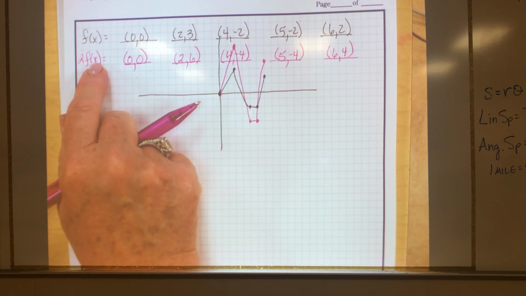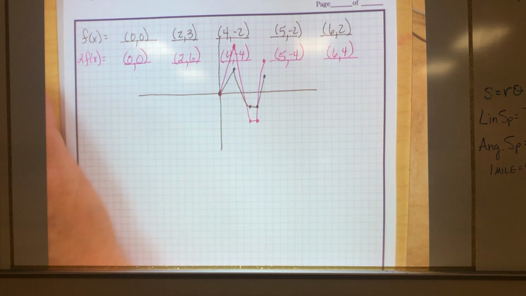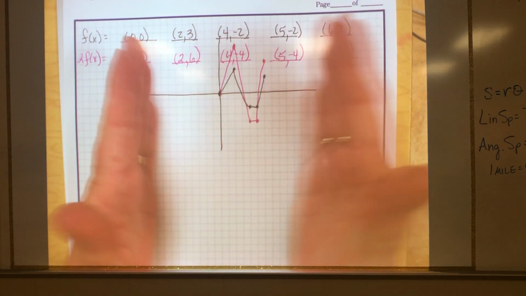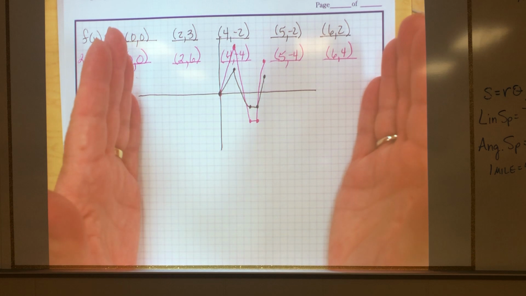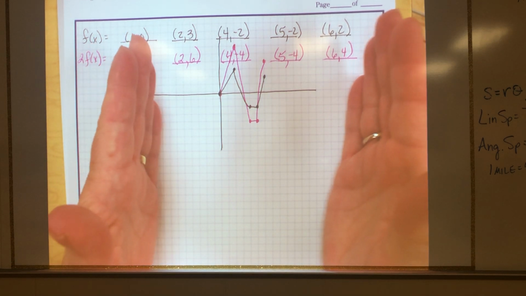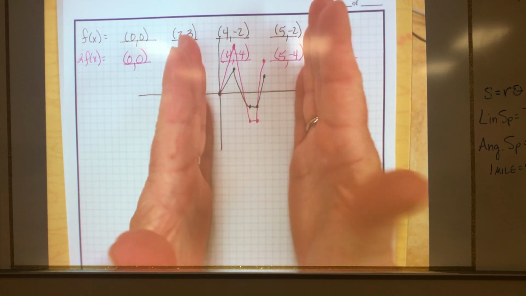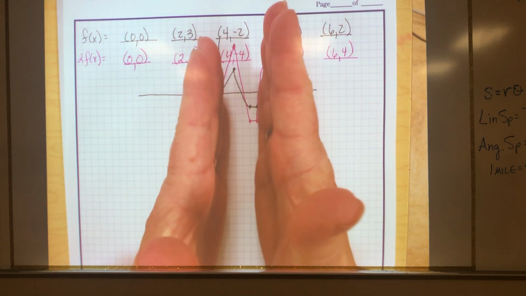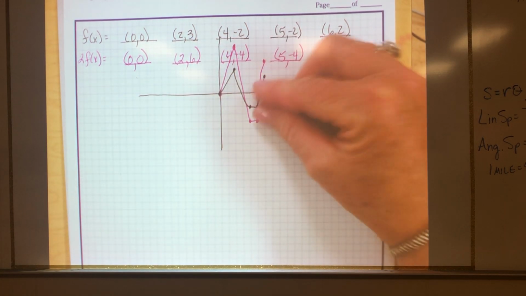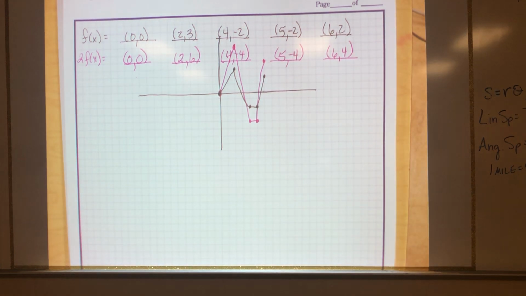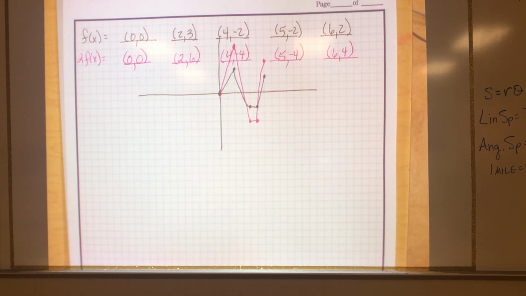So if that 2 were in there on that x, instead of that being a horizontal stretch, it actually is a horizontal compression. And if you compress something horizontally, what does it appear to do? Stretch taller. Yeah, be stretched vertically. Okay? All right, so we're not going to do any of those, but that is a very good question.